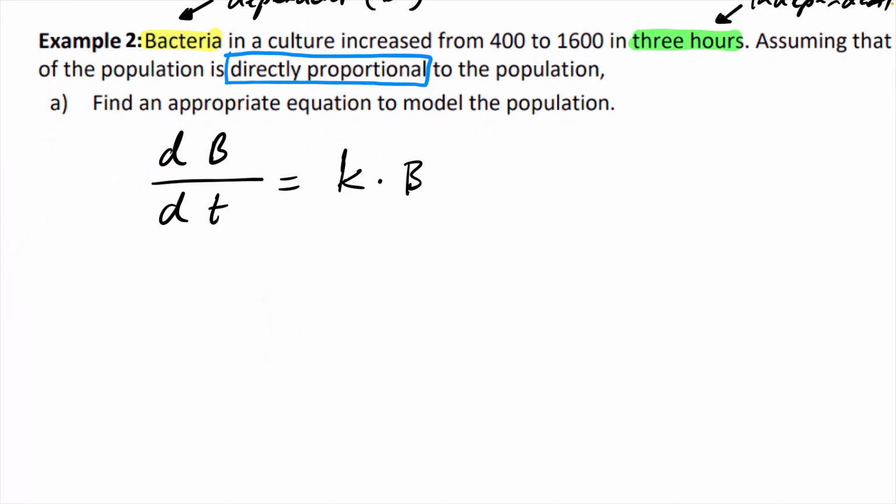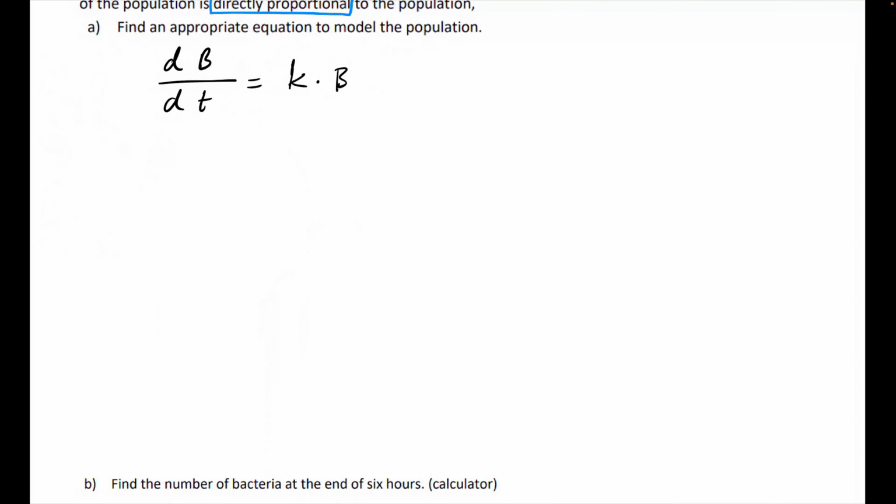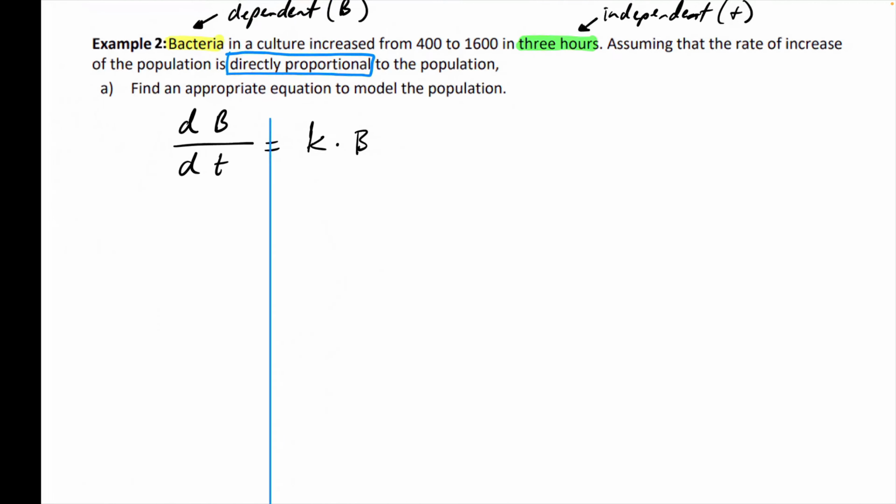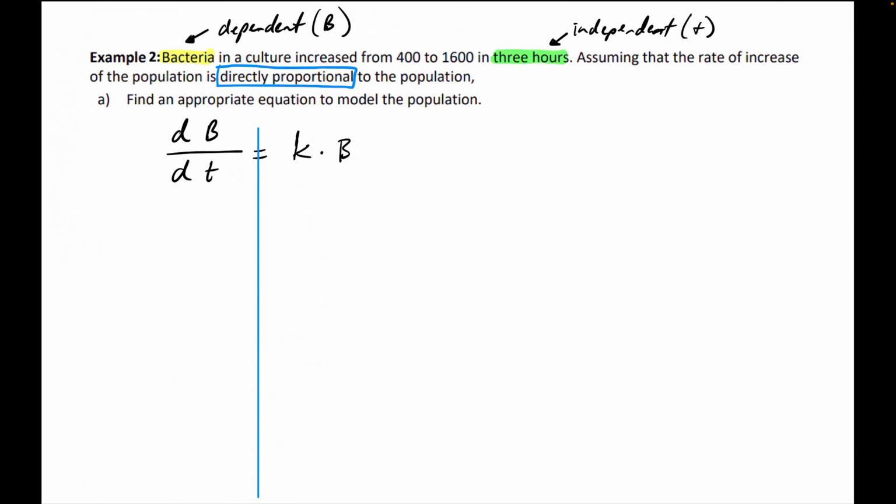So what are we going to do to solve it? Put B on the left and T on the right. Put the dependent on the left, independent on the right. T is going to move to the right, B's are going to move to the left. So I'm going to multiply both sides by dt, divide both sides by b.